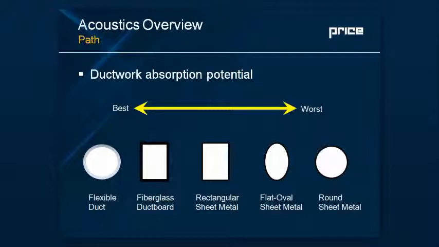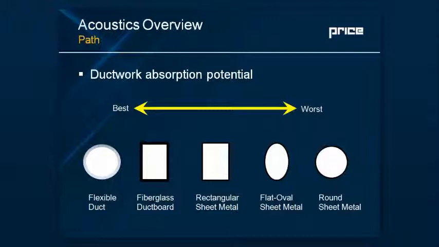Some flex duct also is not acoustically transparent at all. There's actually some flex duct that essentially behaves the same way as unlined metal duct if it's got some sort of aluminum liner that's solid on the inside. So it's important to consider that. And then as you go from left to right, you can see you're getting less and less absorption, such that when you get to that round sheet metal duct, because of the geometry, you're containing a lot of the sound energy in there.